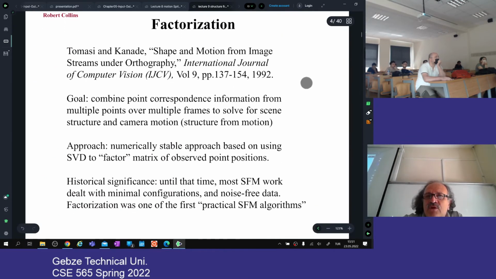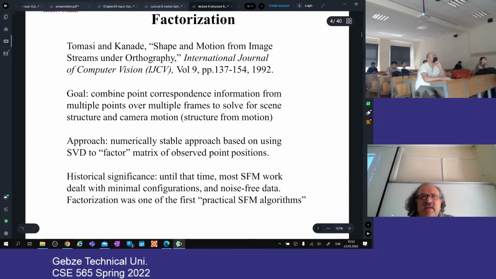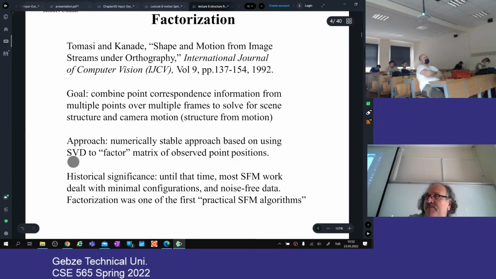Okay, so the algorithm that we are going to look at is factorization, a 1992 paper. These are Tomasi and Kanade, very famous computer scientists, computer vision people. Again, we will come across SVD.